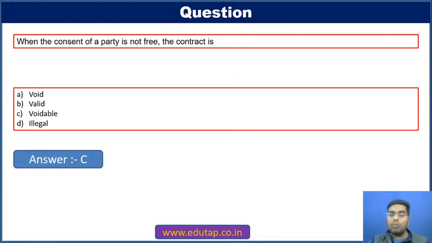Madhu, you cannot assume things. I have not told you that the party has said that his consent was free or was not free. You cannot assume. When this type of language is written in the examination, the examiner wants to say that he does not know whether the consent was free or not.